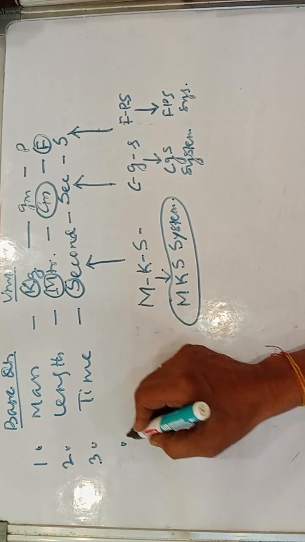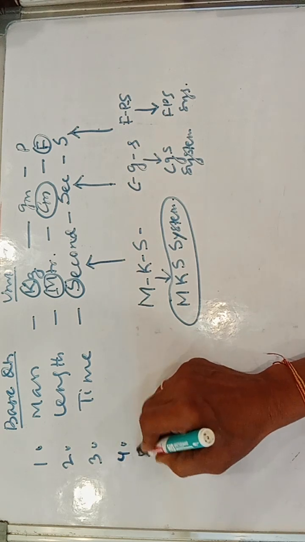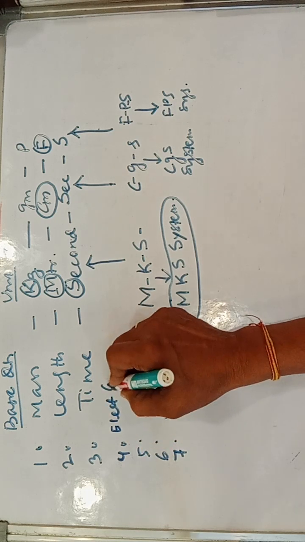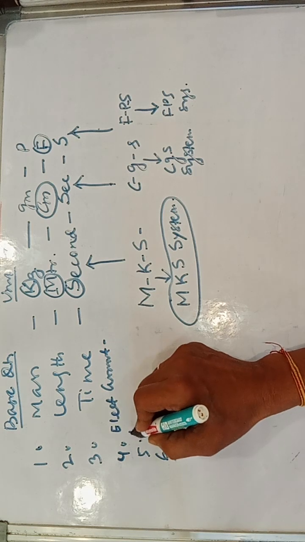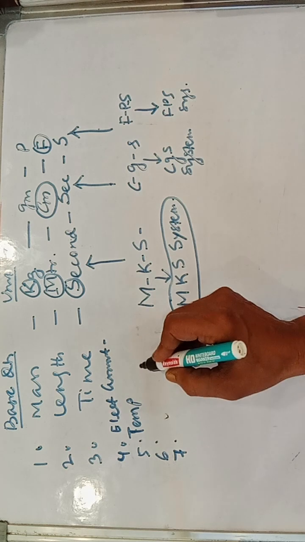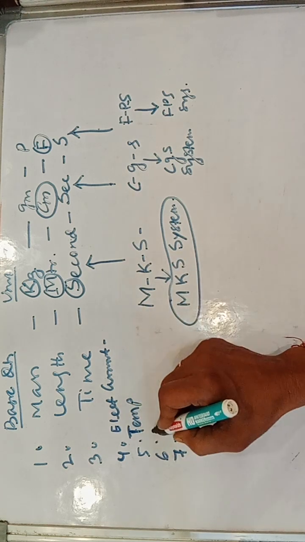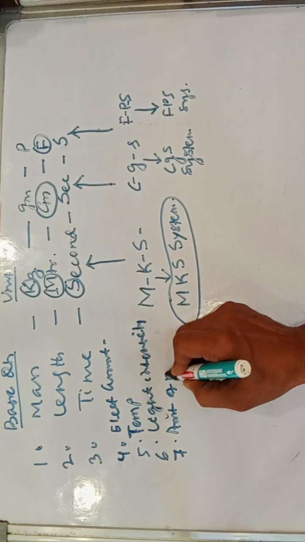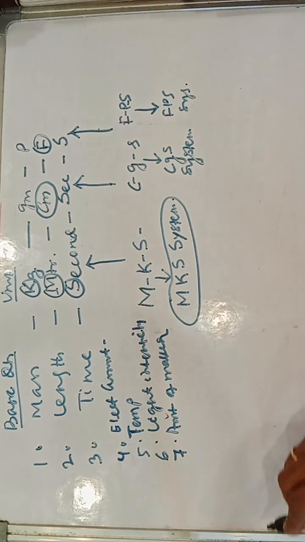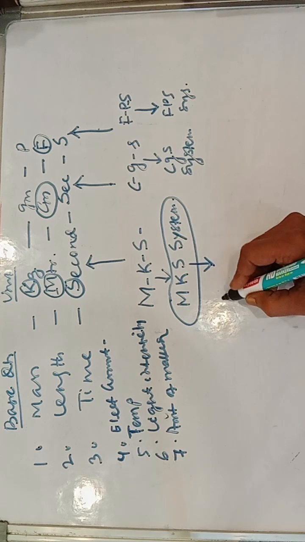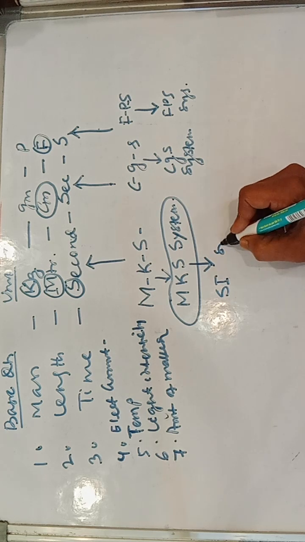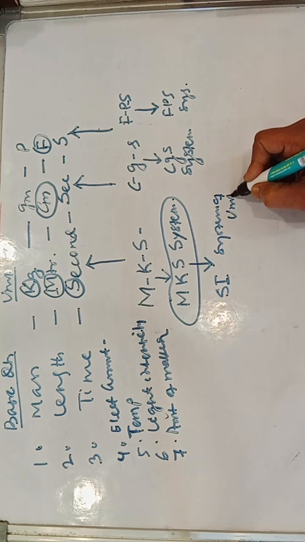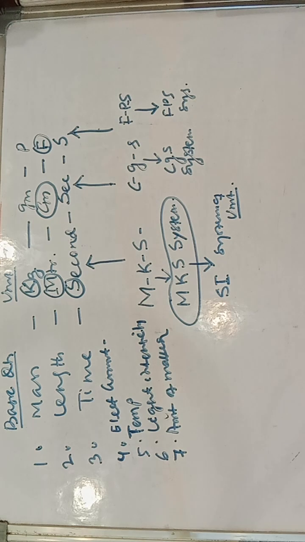When you include all seven, that means additional four other basic quantities like electric current, temperature, light intensity, and amount of matter, this MK system changes to SI system of units. This is International System of Units.